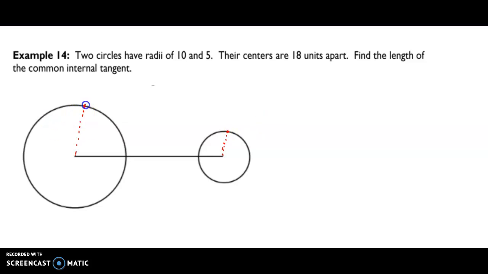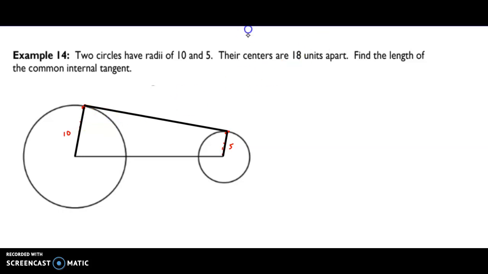So I'm going to have these points here, and then I'm going to draw in this radius here, and this radius. I'm going to label those: we know this is going to be 10, and that's 5. And then between those 2 points, I'm going to connect a tangent line.